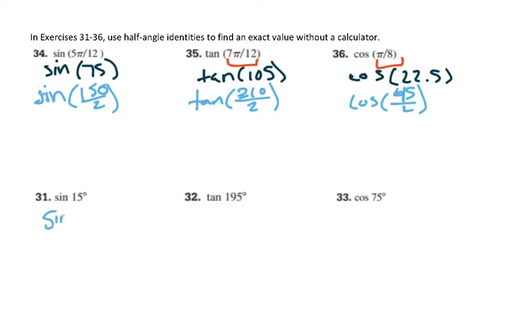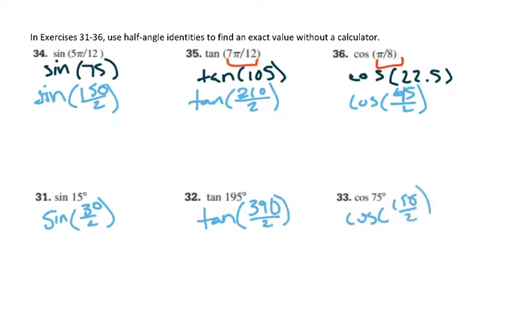Continuing on, this is going to be sine of 150 over 2, tangent of 210 over 2, and then cosine of 45 over 2. And just so we're on a better page, 390 is actually 30, if you loop it around the circle there.